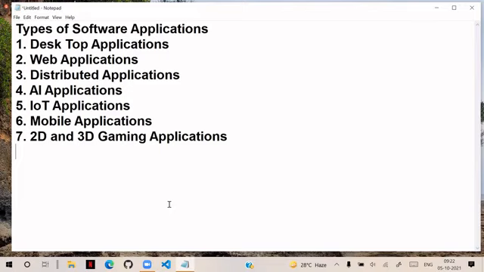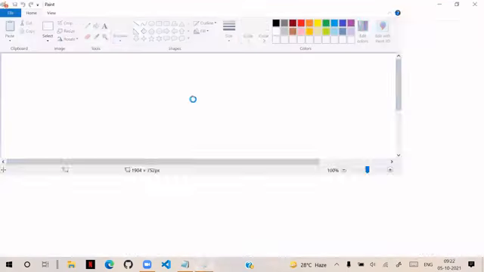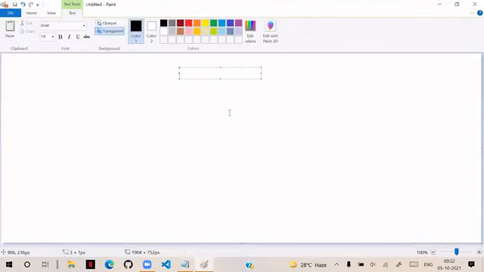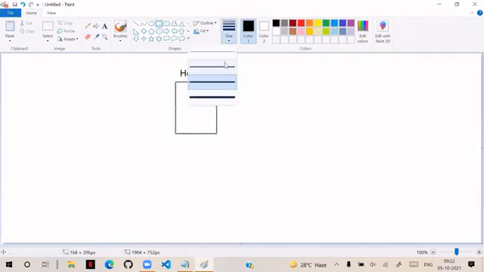The best example I will give you is that we will take an example of some hospital. Suppose we have a hospital. Generally, this hospital wants software to maintain all its business, like patients' information, medicines, doctors' information, everything.